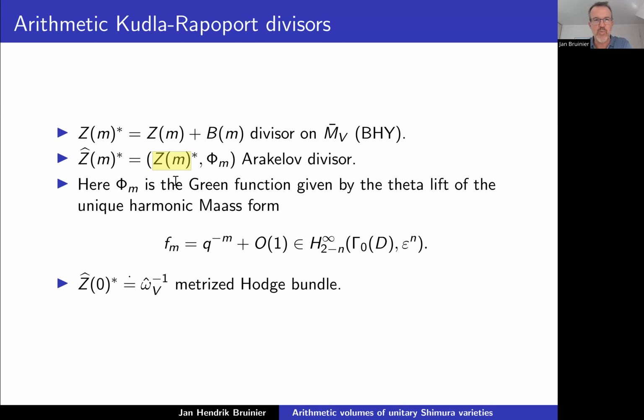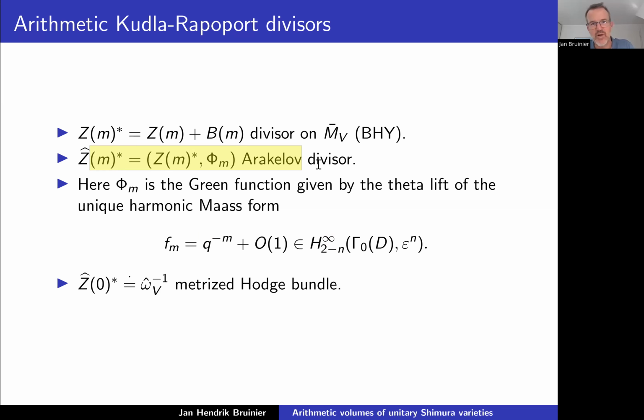And one way of defining such Green functions is using generalizations of the Borcherds regularized theta correspondence. One takes the unique harmonic Maass form of weight 2 minus n for the modular group gamma 0 D, so level D, whose principal part, so the singularity at infinity, is q to the minus m. And then one can plug it in this Borcherds machinery and one gets a Green function.